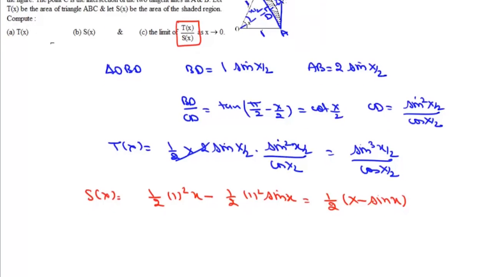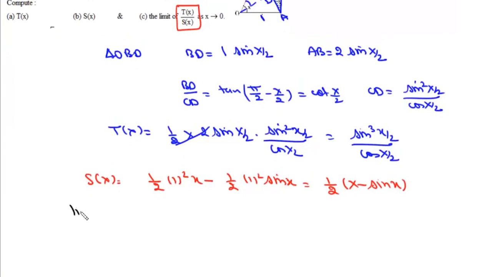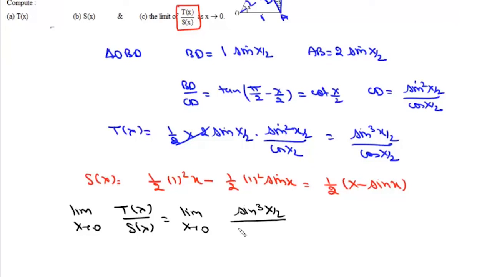Now this limit x tends to 0 Tx upon Sx will be this limit x tends to 0 sine cube x by 2 upon cos x by 2, and here it is x minus sine x and then into 2.